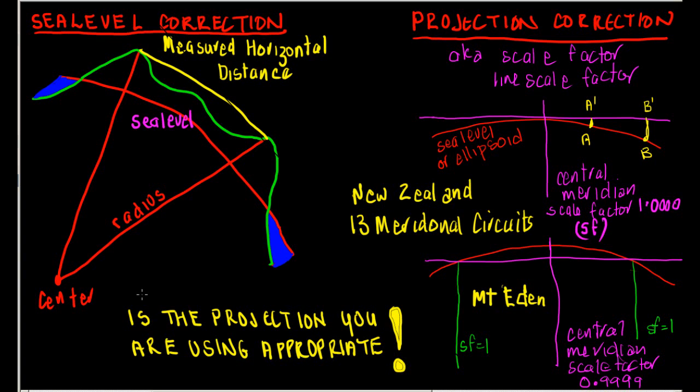So it's very important that you understand what projection you are using, what effect that projection has on your data, and what effect that projection has on your project, and whether it is fit for the purpose. But in measuring distances, there's a lot of things to consider, and you need to get it right, because if things don't fit, it's fairly obvious who's to blame.